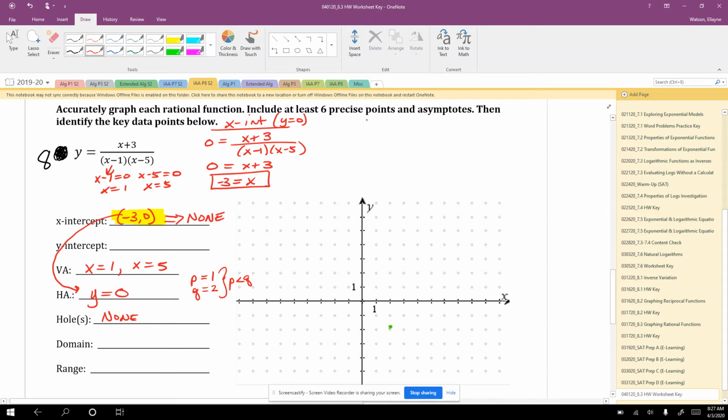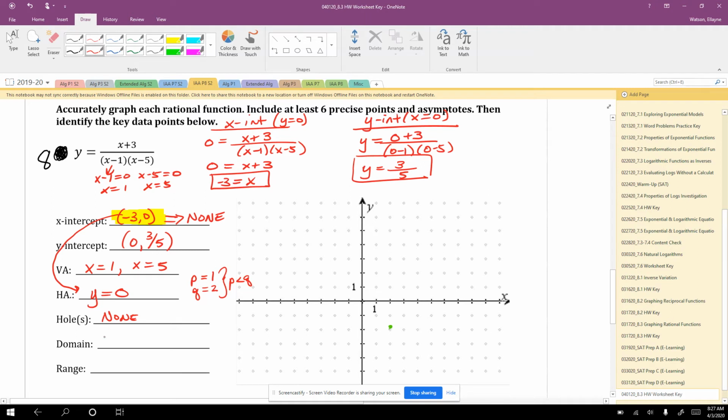The y-intercept is when x equals 0. Set all your x's equal to 0 and solve for y. You're going to get 3 divided by 5, so your y-intercept is at 0, 3/5. Then domain and range.